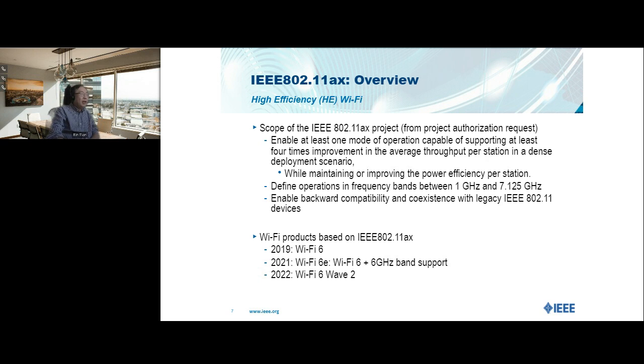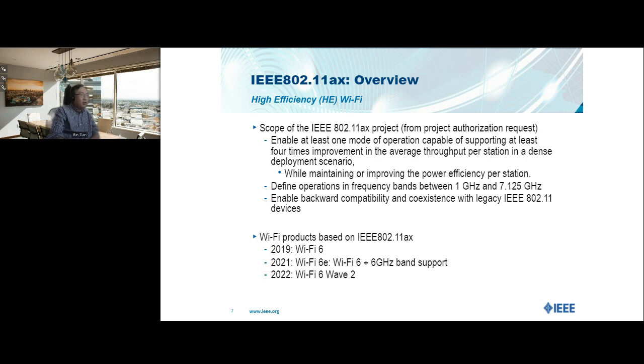We copied the scope of the PAR here to give people an idea what this project is about. You can see it wants to enable a mode of operation to support at least 4-times improvement in the average throughput per station in the dense environment scenario, while maintaining or improving the power efficiency per station.